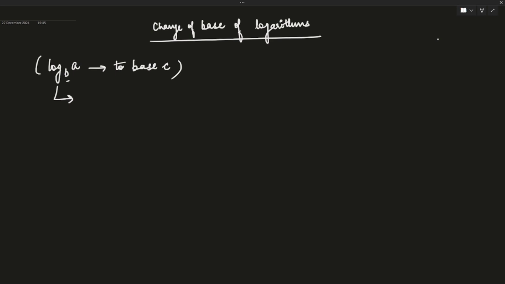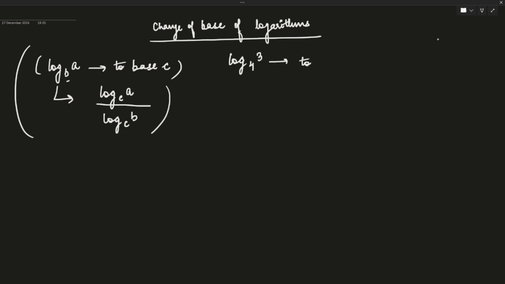The definition is: if you have log of a to the base b and you have to change it to base c, the procedure is log of a to the base c upon log of b to the base c. This is the standard procedure for changing the base of a log.